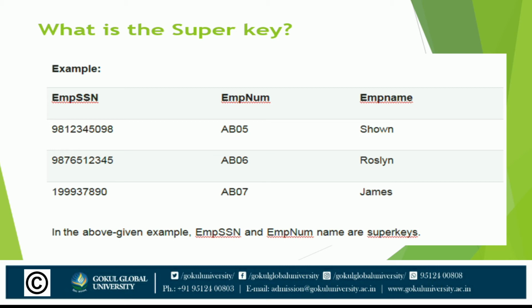A super key may have additional attributes that are not needed for unique identification. See the example here: employee SSN number, employee number and names are super keys, which are sufficient to provide the unique identification of tuples.